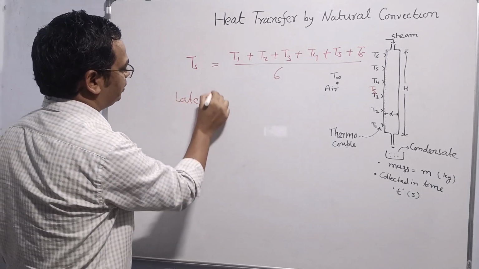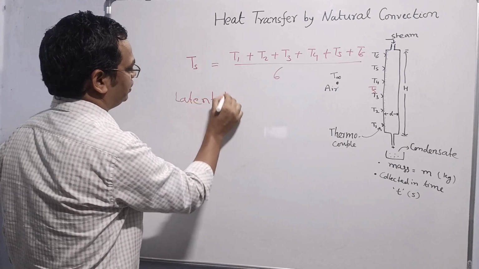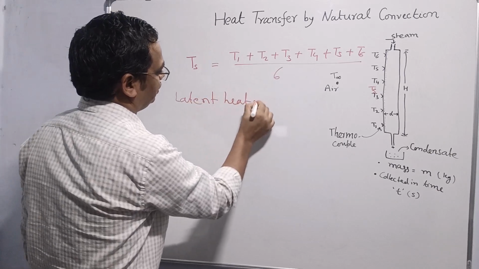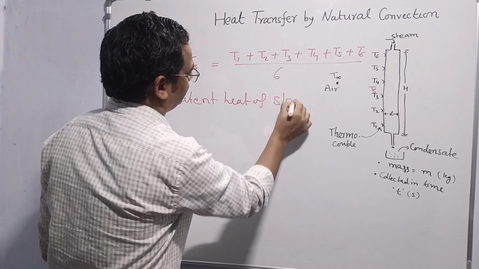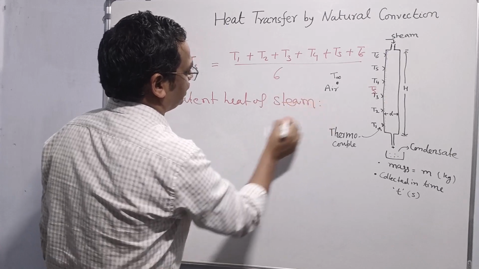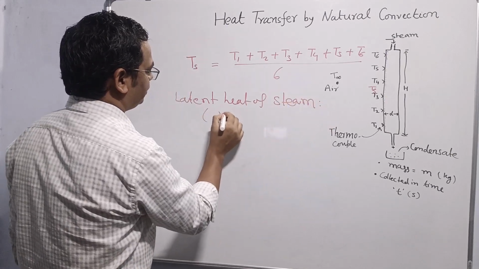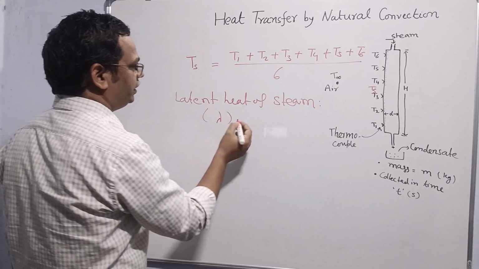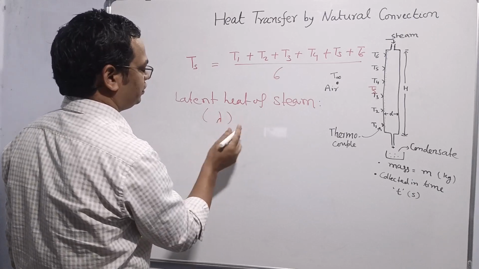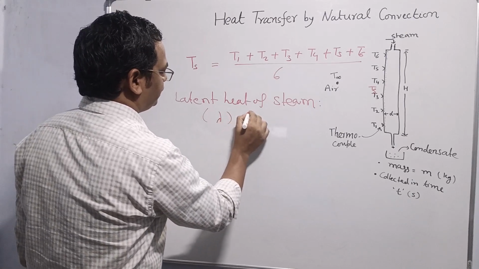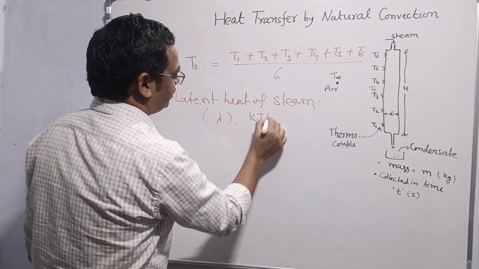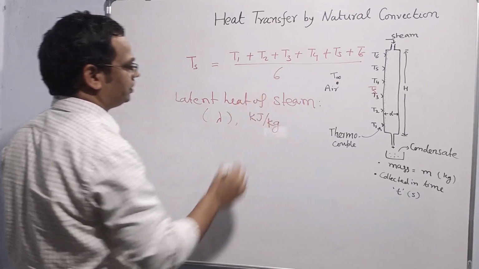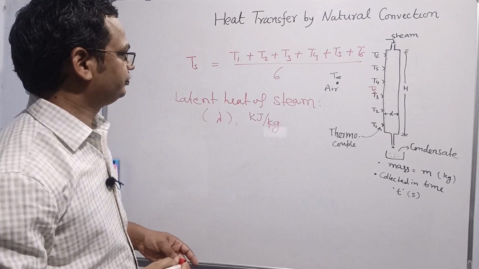Say this is lambda, and unit is kilojoule per kilogram.